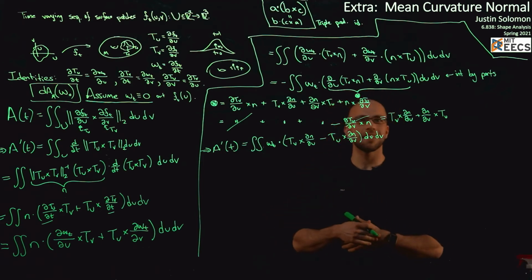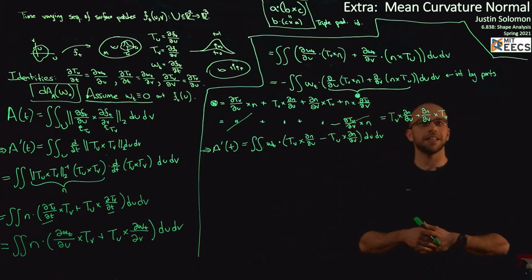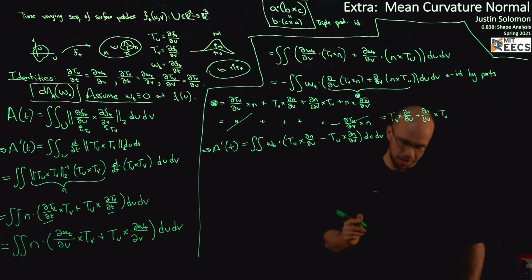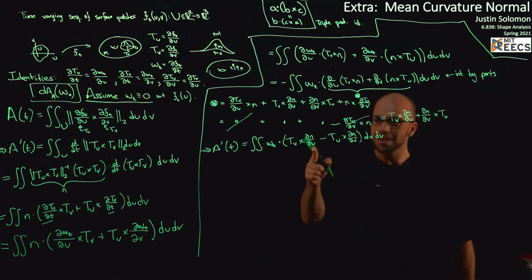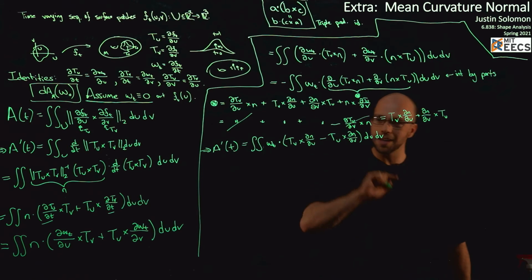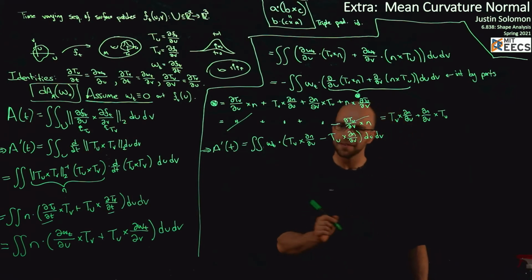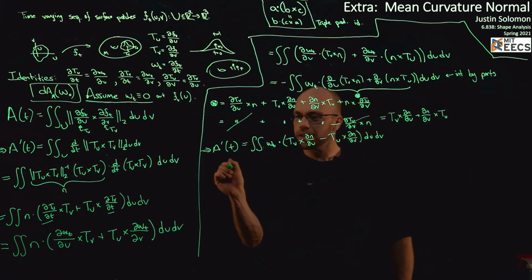Okay, so now we're going to start introducing a language that looks like our curvature computation. In particular, notice that this object here is the shape operator, right? This is the derivative of the unit normal in the u direction, right? So I can write this expression in yet another way.